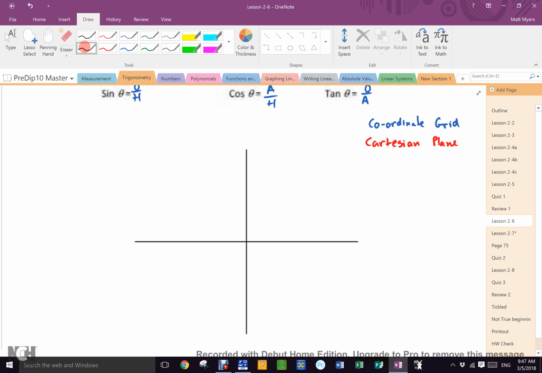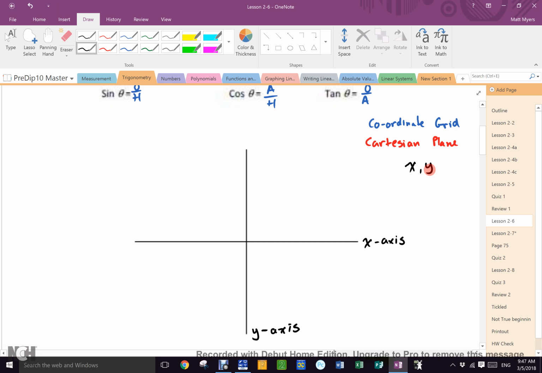What is the horizontal line? X. What is the vertical line? What is the proper name for this line? It is the x-axis. What is the proper name for this? It is the y-axis. And on this grid, every single point on the grid is written as x, comma, y.